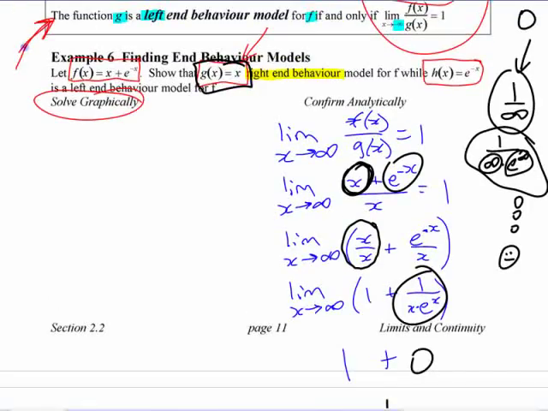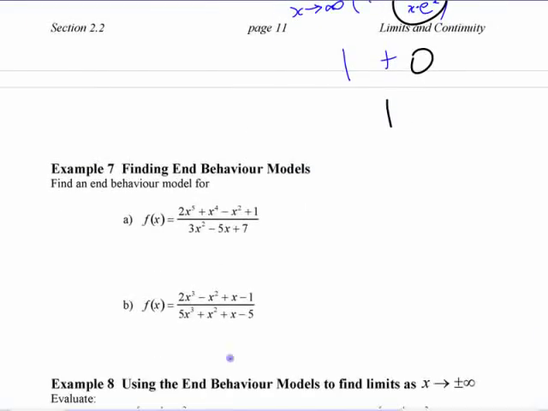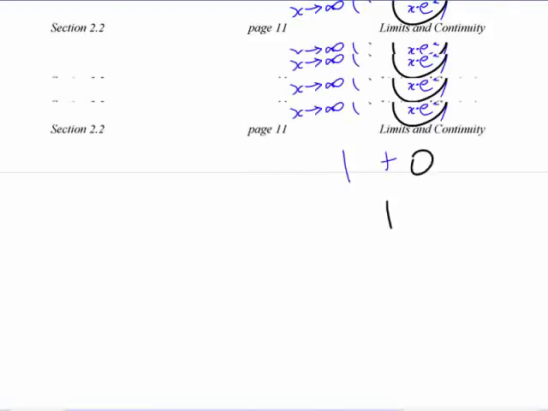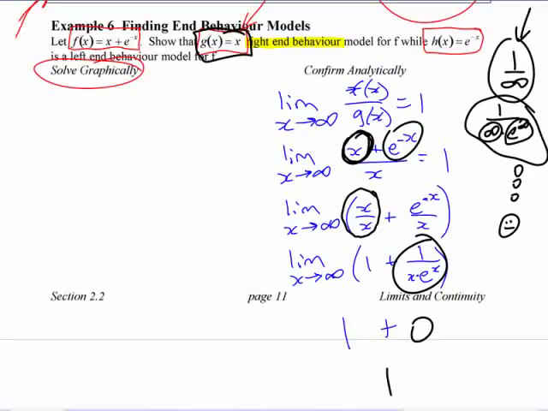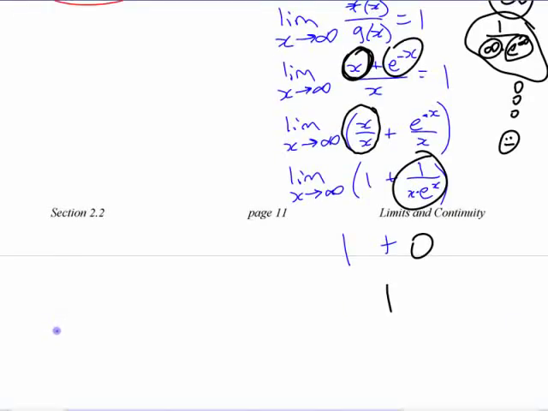If you want to show the left end behavior model of this, now I'm going to have to put it down below here. What do we have? We have the limit as x approaches negative infinity, right? We're going to the left.